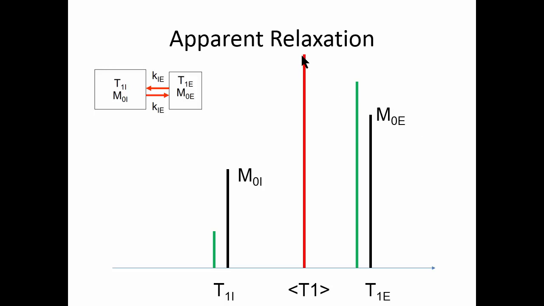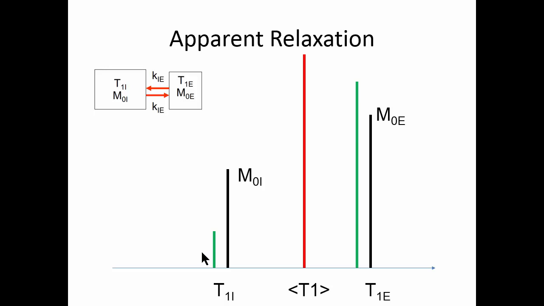If it's a fast exchange, there is a total mix, and we see a single component. This is mostly what we see in T1 relaxation. What we see in most tissues is something in the middle. This peak starts to be larger, but also shifts. This one starts to be smaller and shifts a little bit less.